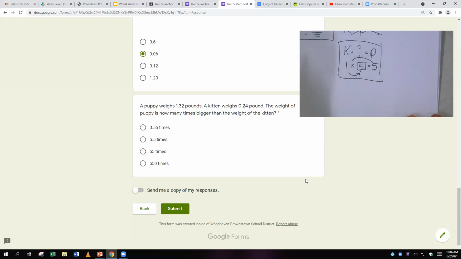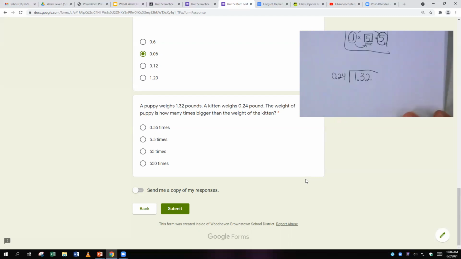So now, if I know that you take the puppy and divide it by the kitten to find this answer, then I'm going to take my puppy, 1.32, and I'm going to divide that by the kitten, 0.24. Now I say, okay, am I allowed to work on this? No, I'm not allowed to because the decimal's right there.